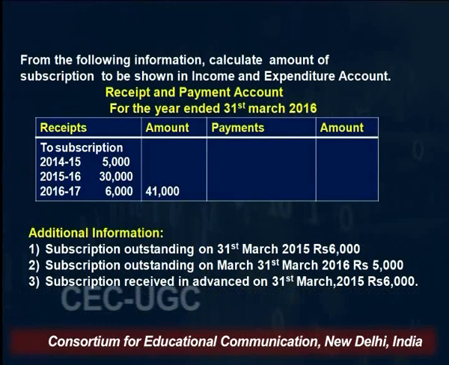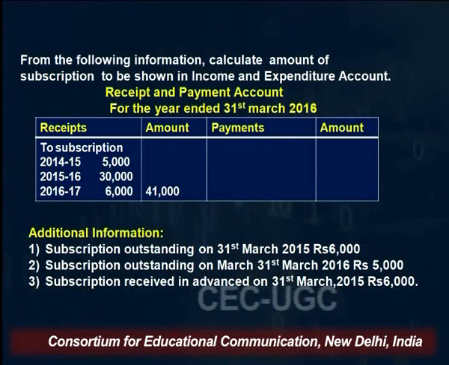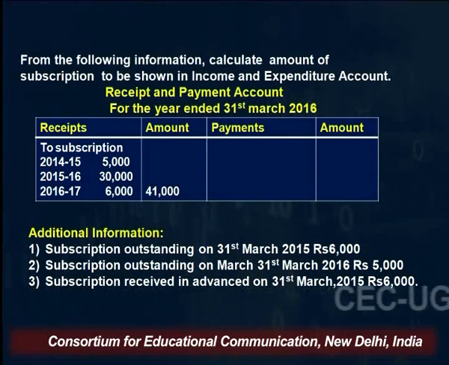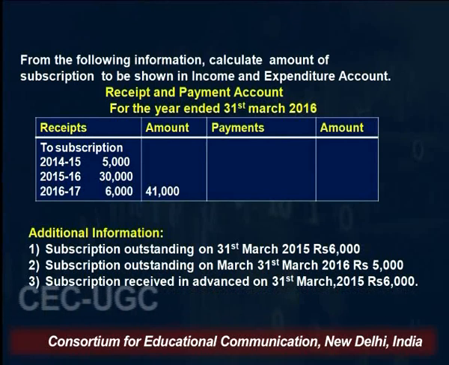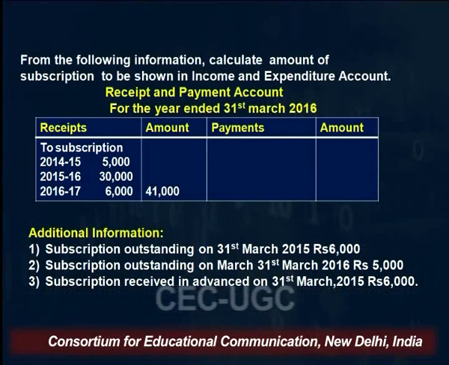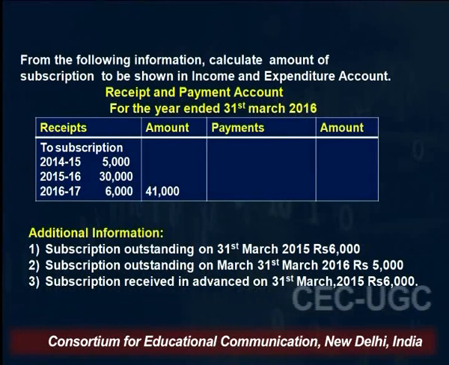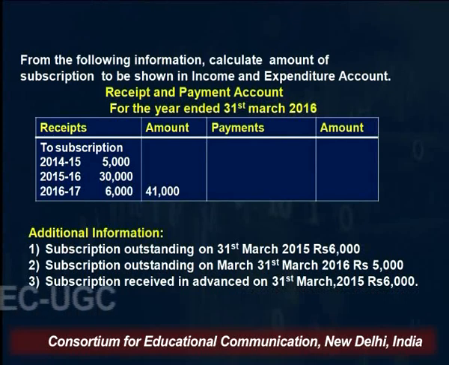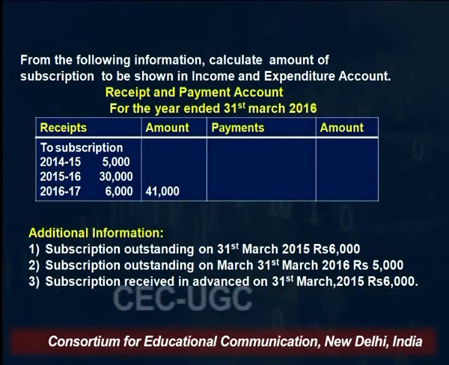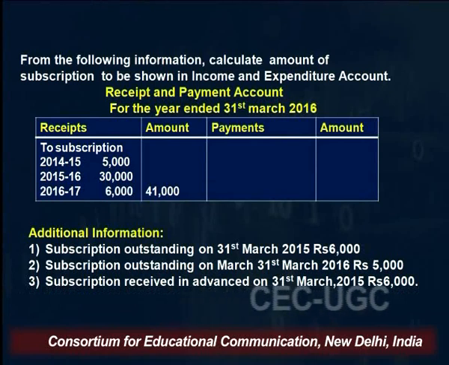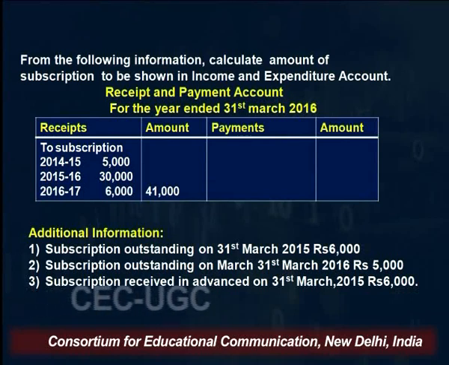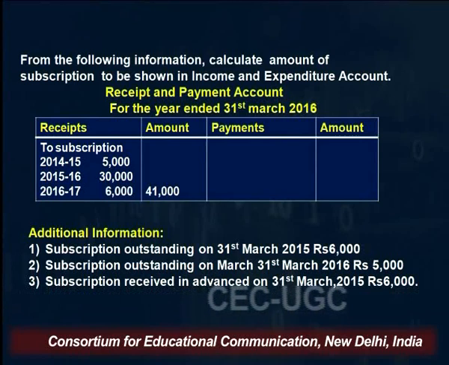As you all know, the receipt and payment account is prepared on a cash basis, so it includes all types of receipts, all types of income, whether they are related with the current year or not. But the income and expenditure account is prepared on an accrual basis, which states that all the items which are related with the current year are to be recorded in the current year only. The items which are not related with the current year, that means previous year's items or next year's items, are to be excluded.